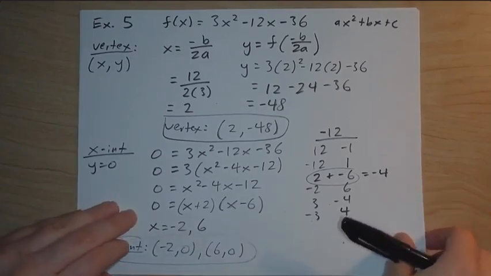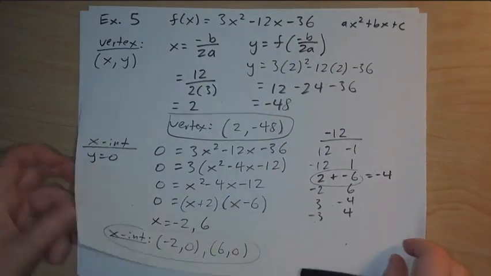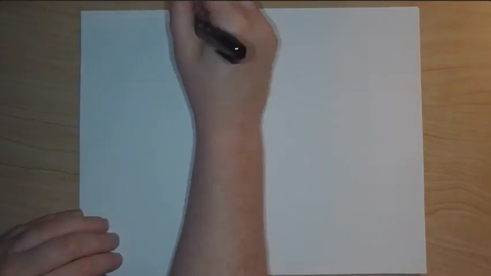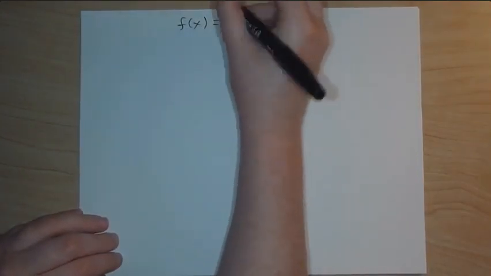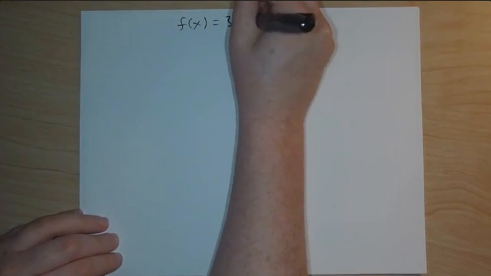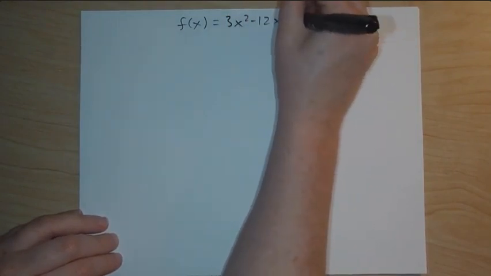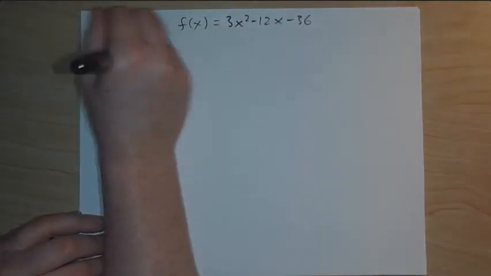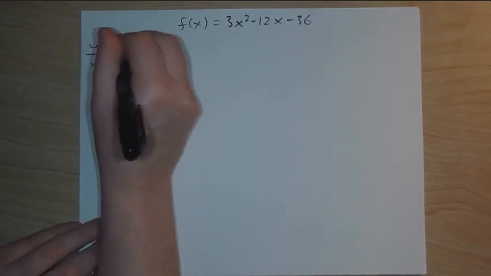Moving on, we need to find our y-intercept. So our f of x, just for reference, is 3x squared minus 12x minus 36. Our y-intercept is when x is equal to 0.